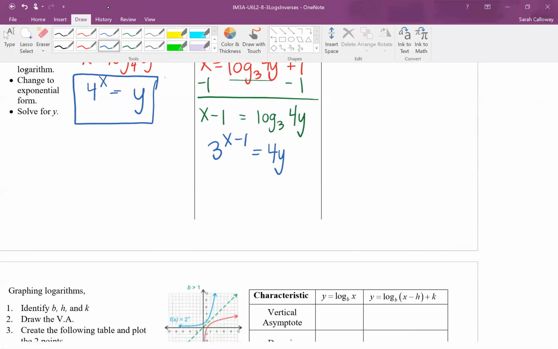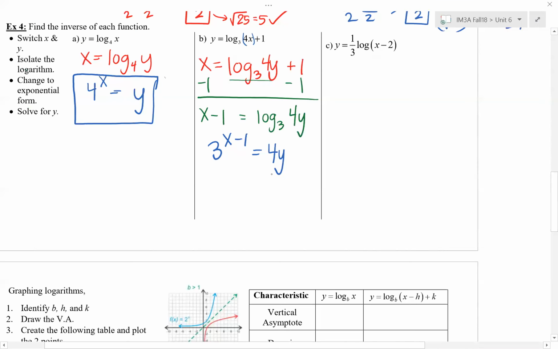In order to isolate y now, I'm going to have to divide both sides by 4. And the important thing here is that we cannot actually add, subtract, multiply, or divide into our base because that variable is in the exponent.